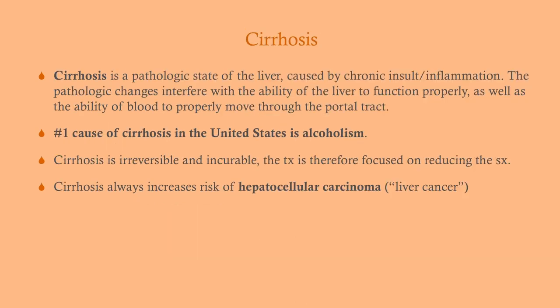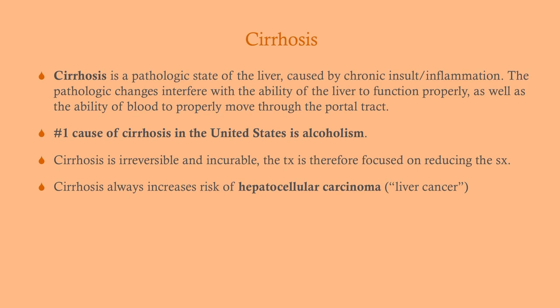Cirrhosis. So cirrhosis is a pathologic state of the liver, and it's caused by chronic insult and inflammation. So, you get one insult to the liver, not a big deal. But when it's over and over and over again, like constant chronic exposure to alcohol or to certain drugs or an inflammatory process, and it goes on and on and on, eventually you get fibrosis, and that is cirrhosis of the liver.